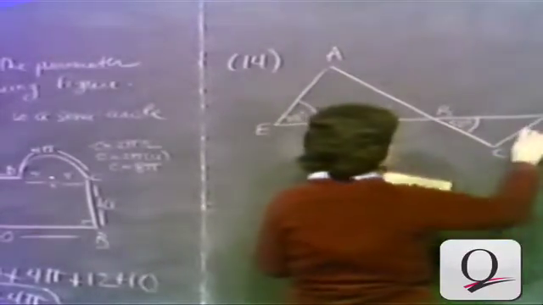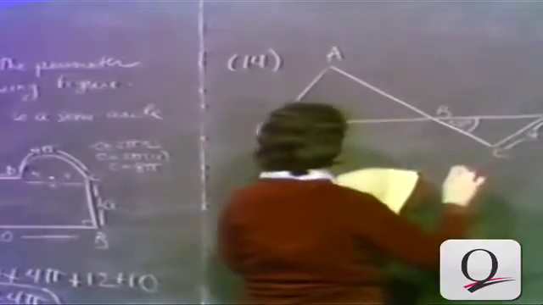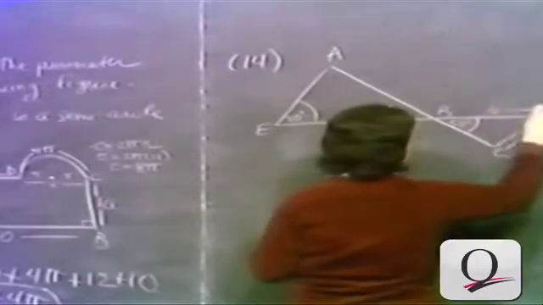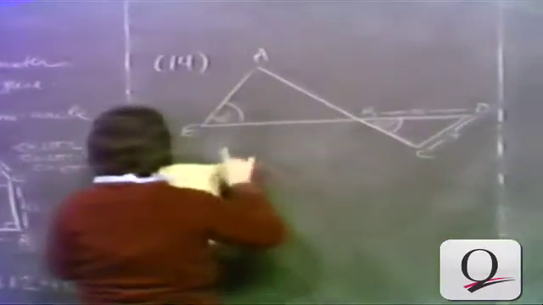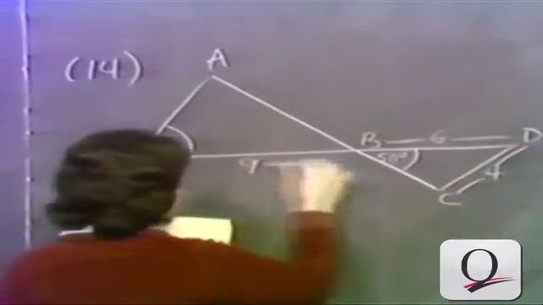And CD has length 4. BD has length 6. BE has length 9.